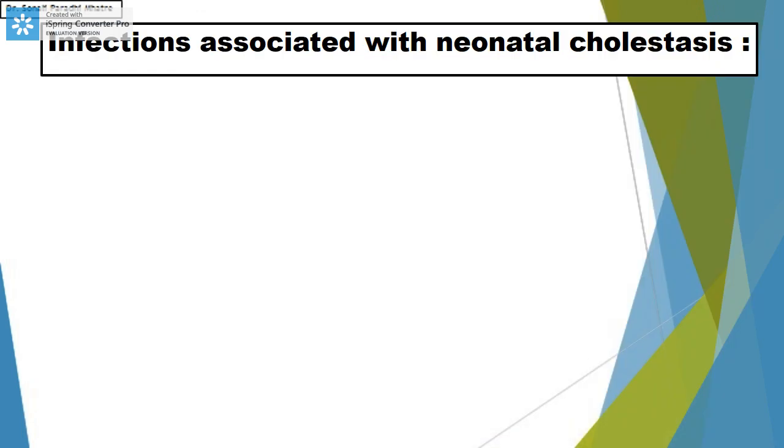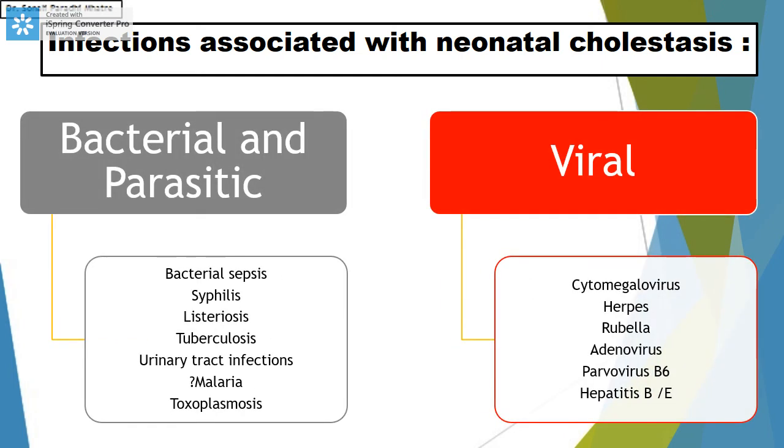Now, the causes of direct jaundice can be infections or metabolic syndrome. I'll just be enumerating them, not going into much detail. Infections include bacterial, parasitic, and viral infections. Bacterial infections, including sepsis itself, can cause direct jaundice. Then the other causes are syphilis, tuberculosis, listeriosis, toxoplasmosis.